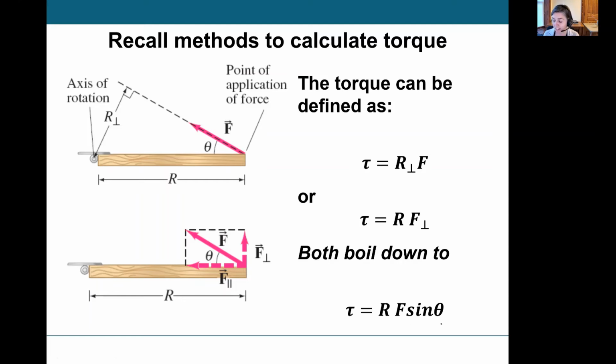They both boil down to R times F times sine theta, where theta is the angle between R and F. You can also use the cross product version. But for most problems, I think you'll find very often this one is the easiest, sometimes the one underneath. They all boil down to the same thing, so you can do what you prefer.